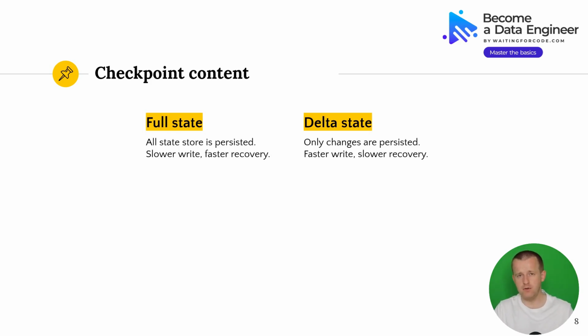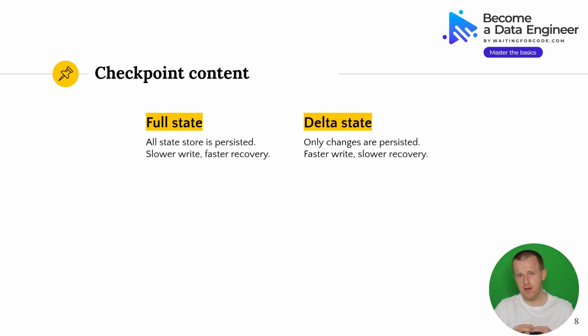Of course, you have much more data to write. Your writing will be slower, but when you recover, the recovery will be faster because you will not need to rebuild this state incrementally. On the other hand, you can also have delta state storage. Do not confuse it with Delta Lake, because delta here just indicates that we are saving only things that changed since the previous microbatch.